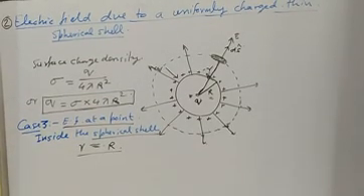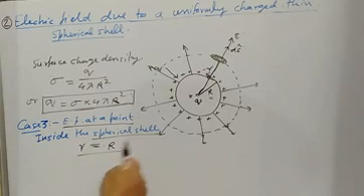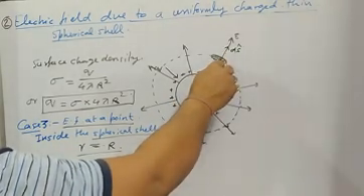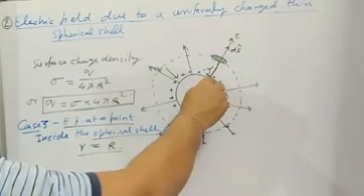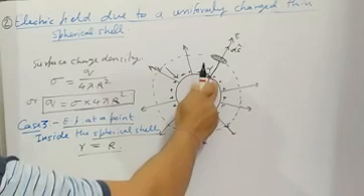So students, this is case 3. What can be the value of electric field at a point inside the spherical shell? It means it started from outside the spherical shell, we moved to the surface of the spherical shell, now we are moving inside the spherical shell.